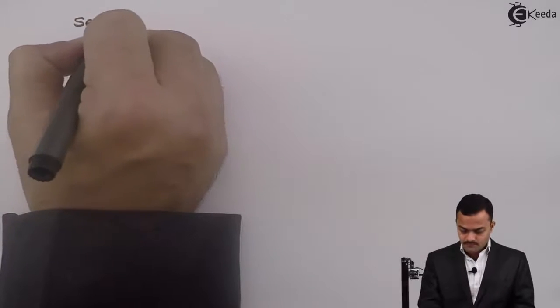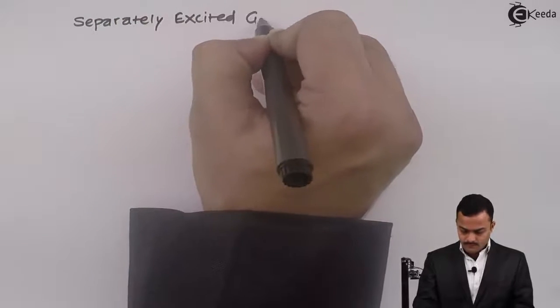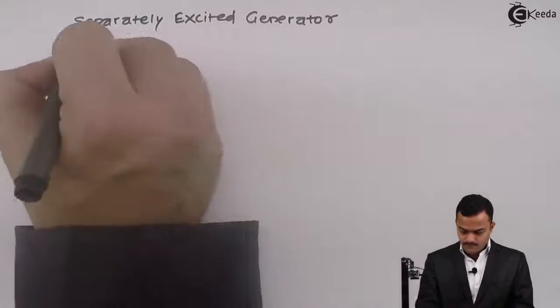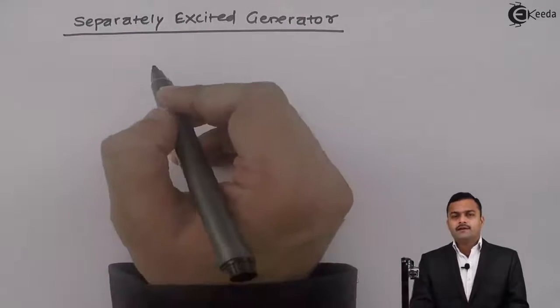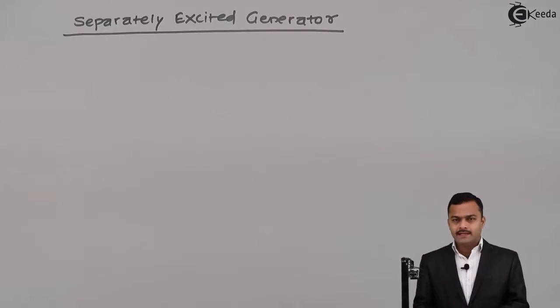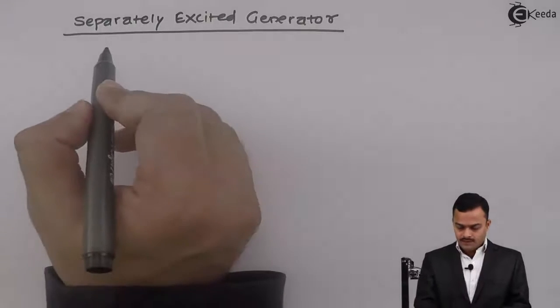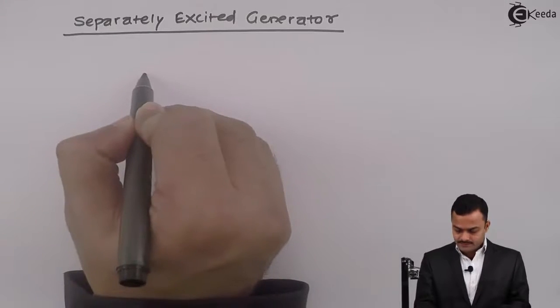Separately excited generator. As the name suggests, we have a different DC supply given to the field winding, and from the armature we are taking a voltage out. The circuit diagram of a separately excited generator will be like this.